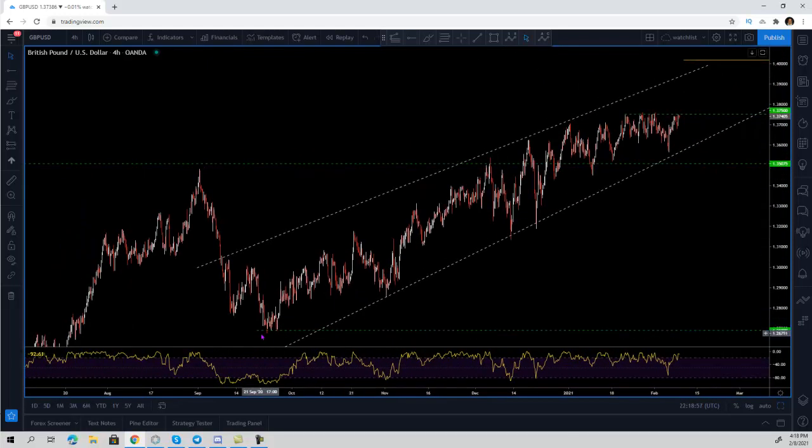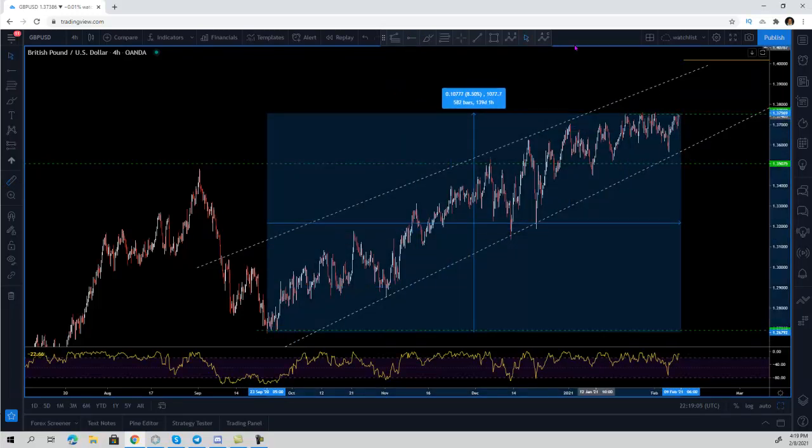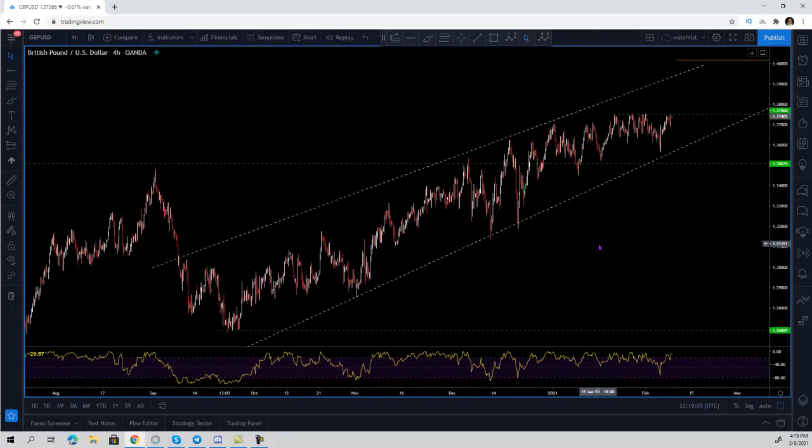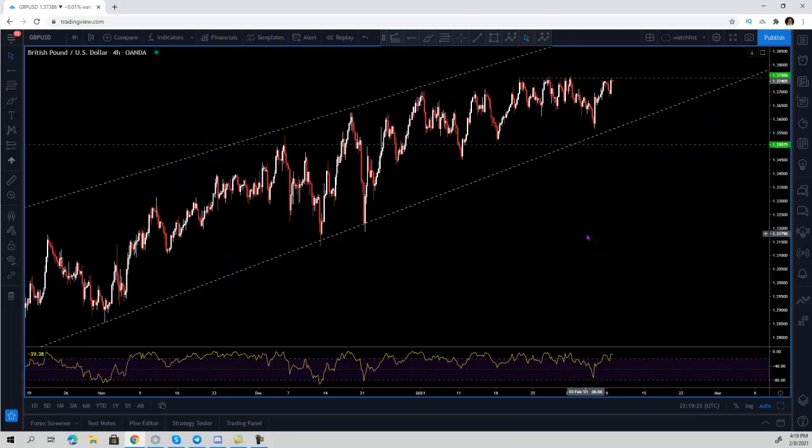From the lows printed in late September 2020 until today, we have been in this bullish market for 139 days, and the pound has appreciated 8.50% against the US dollar. That's more than a 1,000 pip rally, a very strong move to the upside on the pound versus the USD.